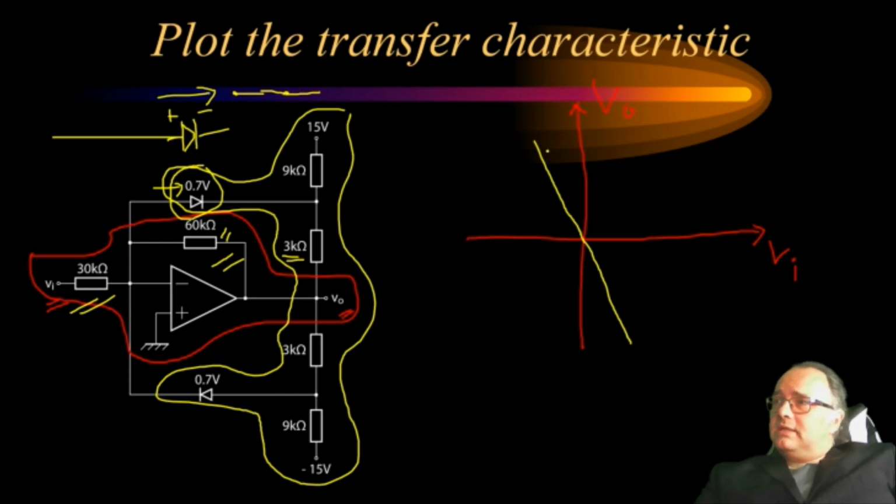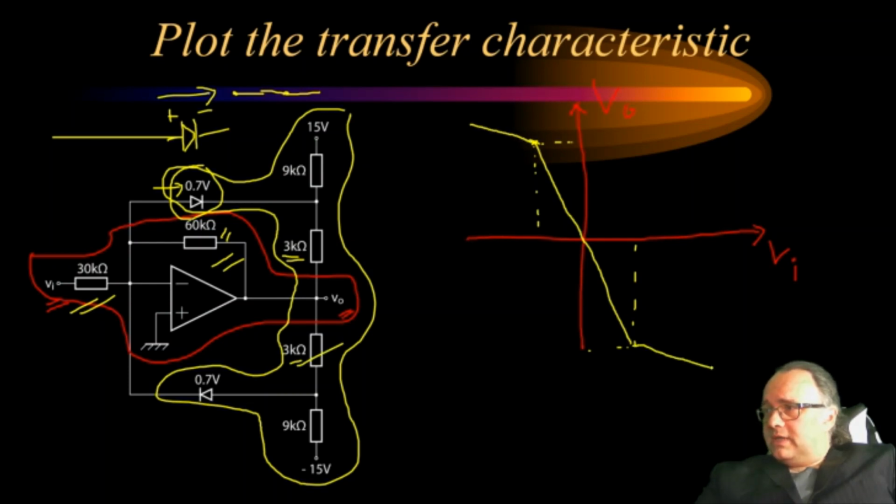At certain moment, the diodes will turn on, and then the 3 kilo ohm resistor, either this one or this one here, will connect and will limit the gain.